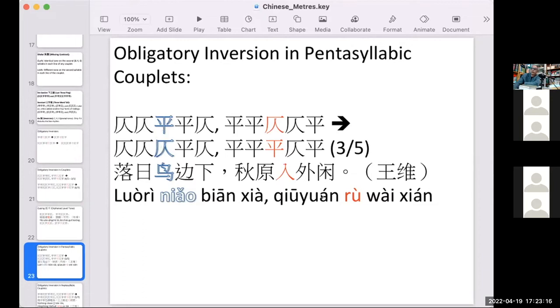So what he did here in the third syllable, he changed the zi into ping. This should be ru, sorry, it's ru. So here he didn't change the second one, he kept it, ping, zi. So actually he changed only the first line, not the second line.